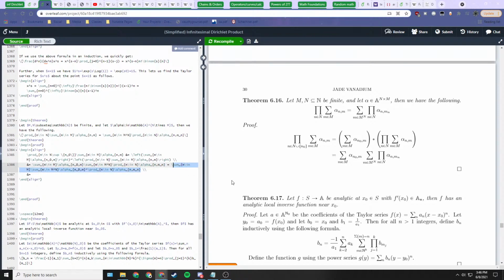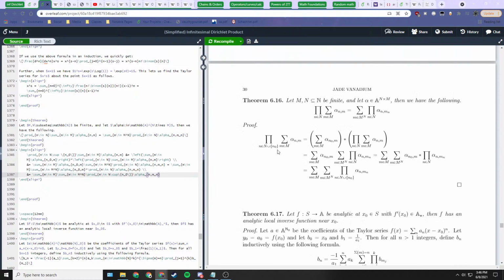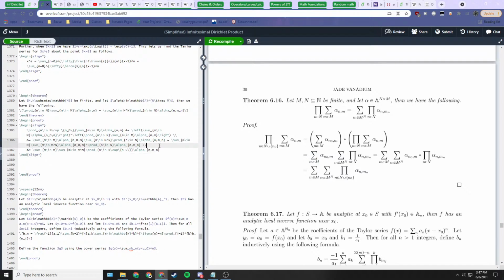That lets us rewrite this product as, instead of n in N, we have also the element n0. Okay. We shouldn't use m twice. I think that's something I shouldn't have done, because now we have this double summation. So let's do a change of variable.